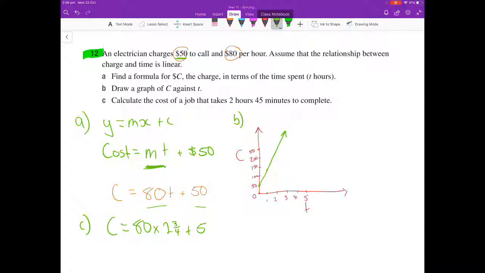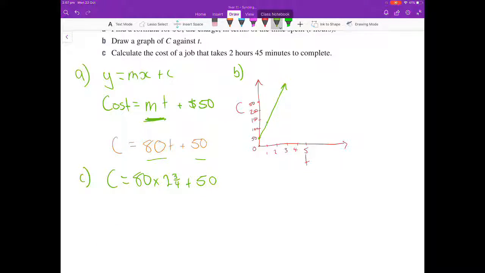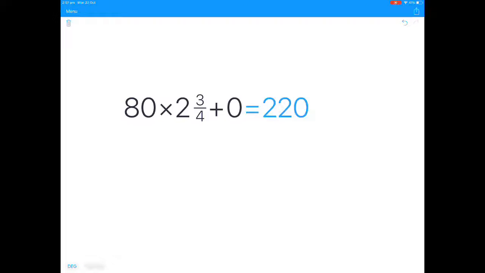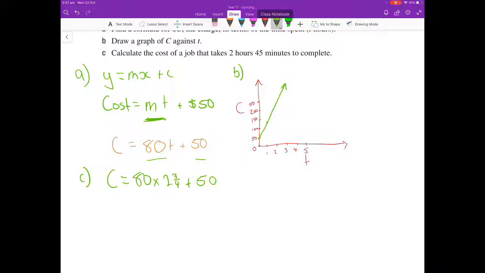I'm going to add 50 to the end of that, and I'm just going to jump over to a calculator, and we've got our 80 times 2 3/4, and then we're going to add our 50 onto the end of that, giving us a total of 270, and that gives us our answer back on the original page. It's going to cost 270 to have him for that long, and that's it.